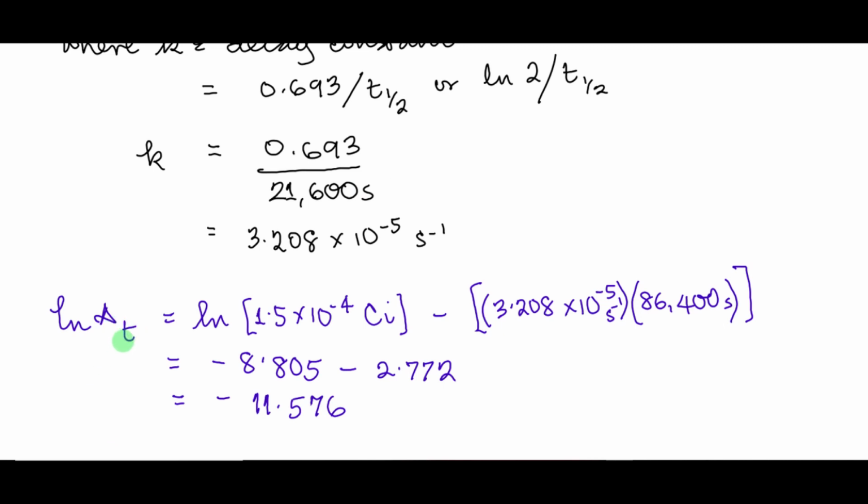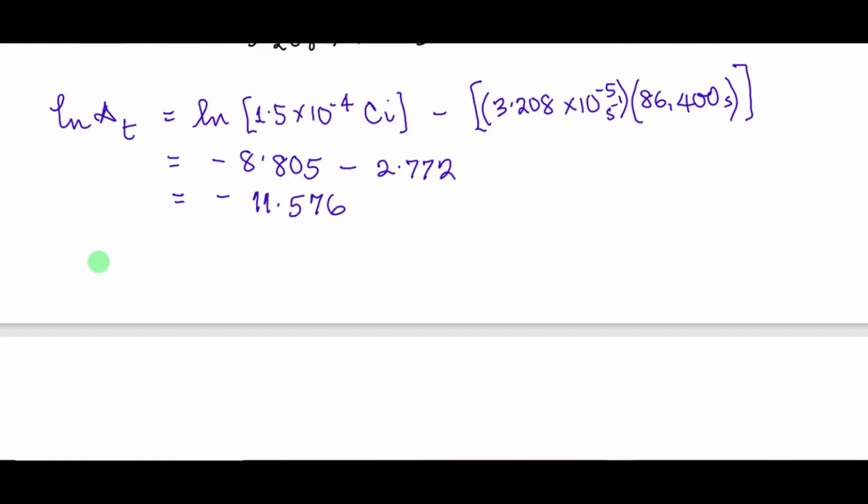You're looking for the final activity after 24 hours. So from here now, A t equals exponential of minus 11.576.